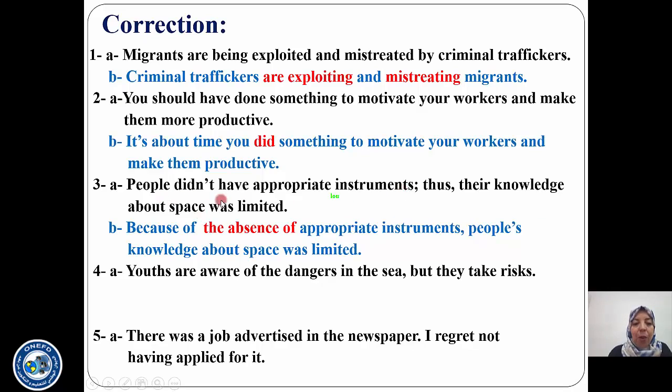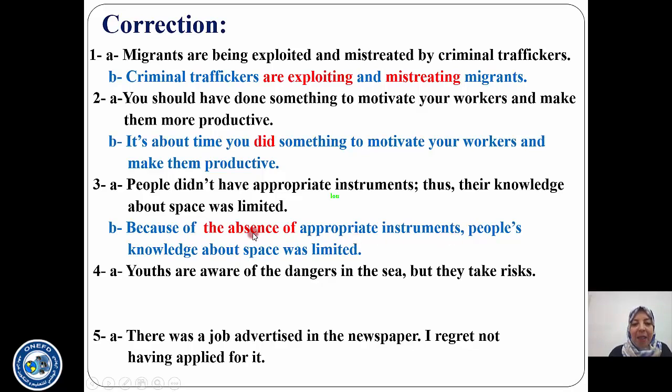No. I need to remove the verb to get a noun phrase. The noun phrase here is appropriate instruments. Now, the problem is that my verb is negative. So how can I use a negation with a noun phrase? The solution is to say, because of the absence of appropriate instruments.